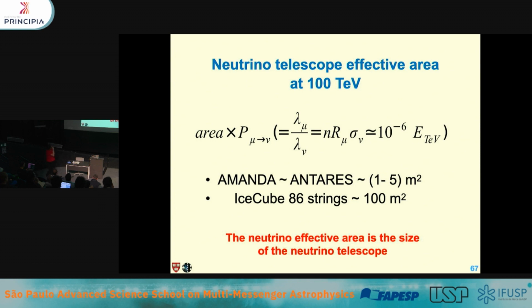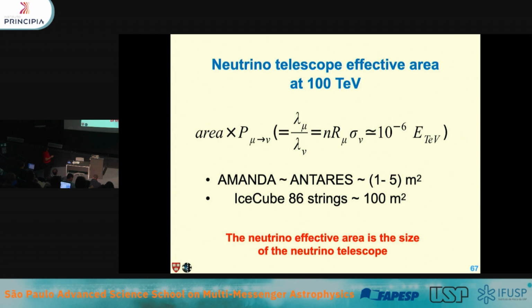Okay, so 100 TeV is a number that we like to use in neutrino astrophysics because for muon neutrinos it is a transition between atmospheric neutrinos and astrophysical neutrinos. So we like to quote the area around there.